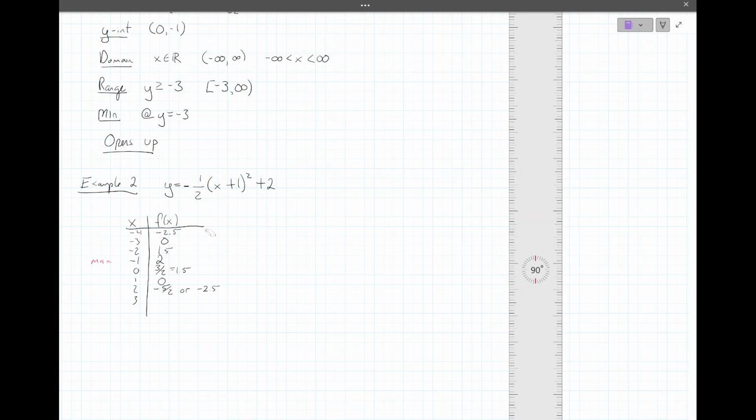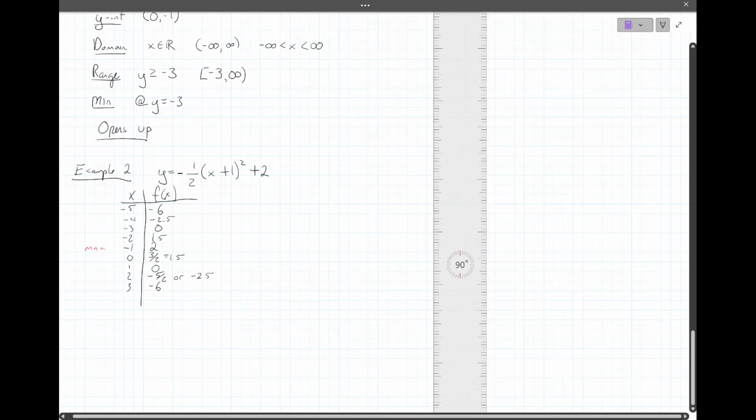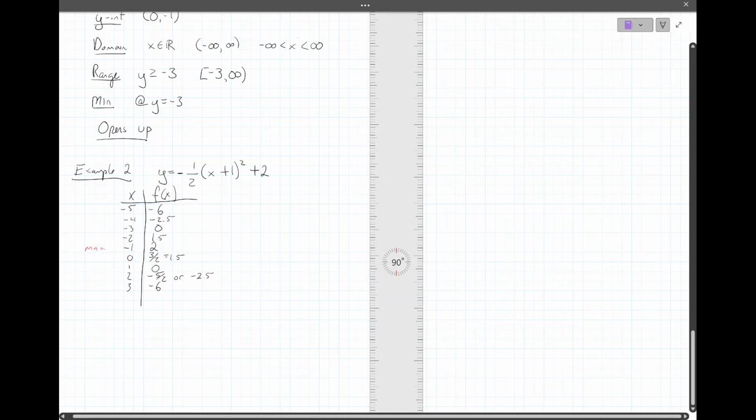And then if we did the 3, actually, let's go back and do this. I knew I wanted to do it on that side. 1, 2, 3, 4. 1, 2, 3, 4. If we have -5, -5 plus 1 is -4. -4 squared is positive 16. Divided by 2 is -8. Plus 2 is -6. That'll be -6 as well too. Good. So we can see a nice decreasing pattern here.